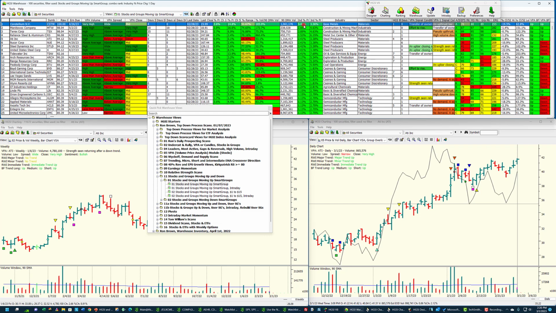Now I rebuilt the industry group, so this column now reflects what's happening today. But I have the industry here and the sector here, and you can see the percentage price gain and the groups that are contained in here.